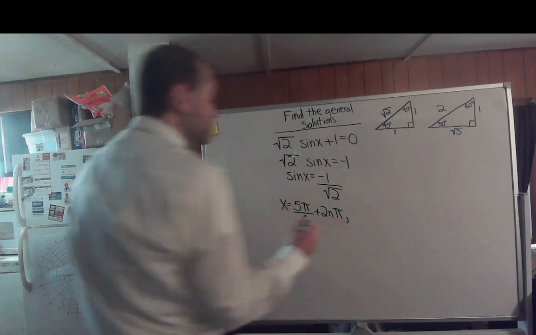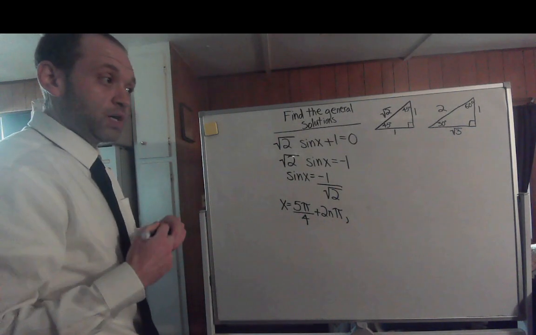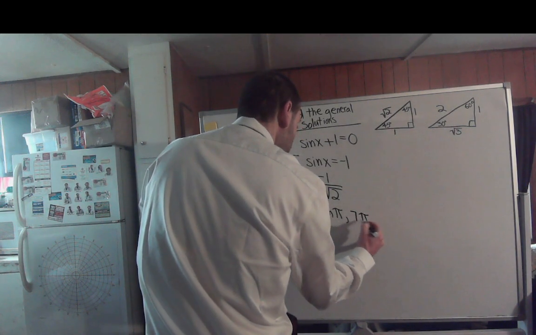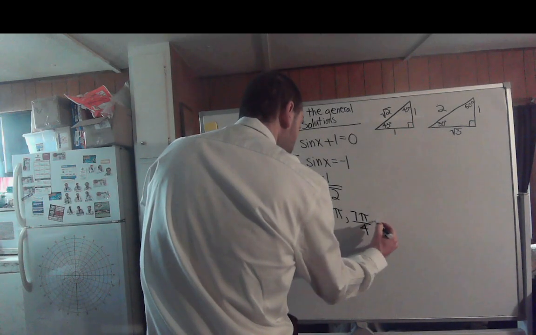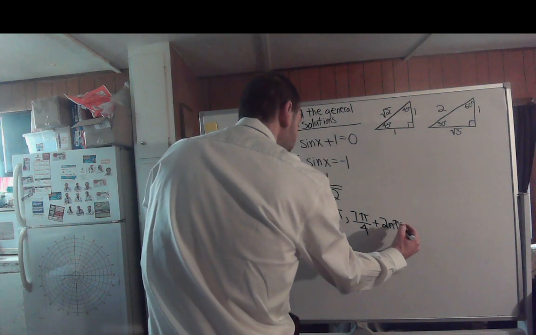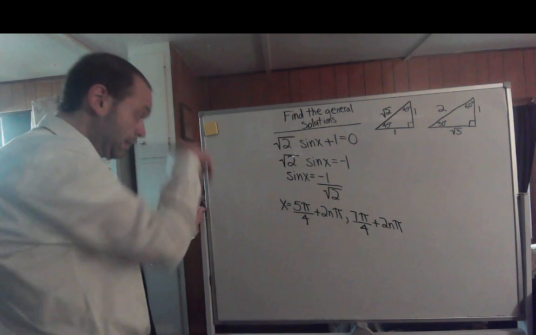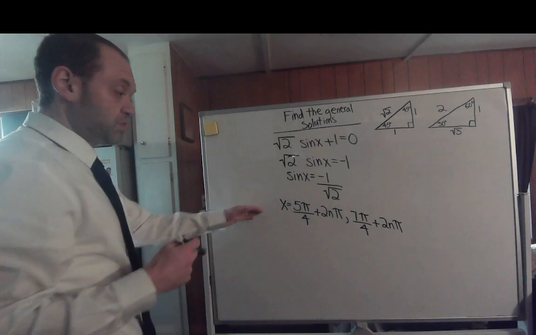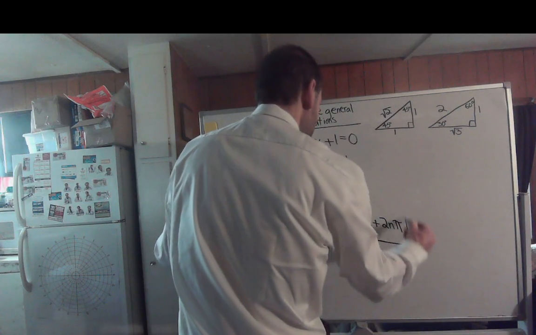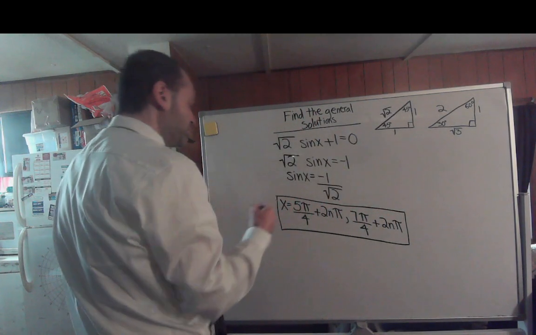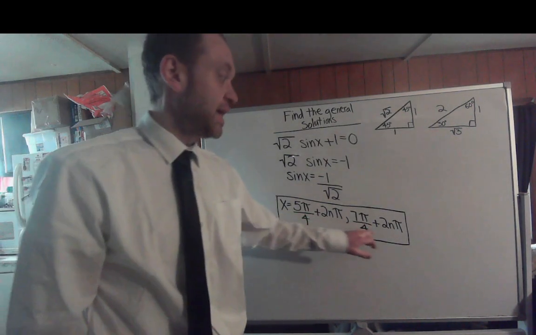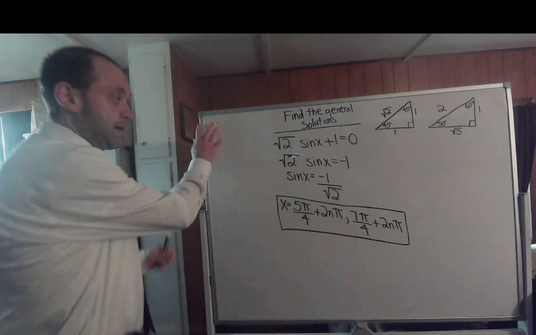And then you would also have it in the fourth quadrant, which would end up being 7 pi over 4 plus 2n pi. So those would be your two solutions. You would get that x equals 5 pi over 4 plus 2n pi, and 7 pi over 4 plus 2n pi.